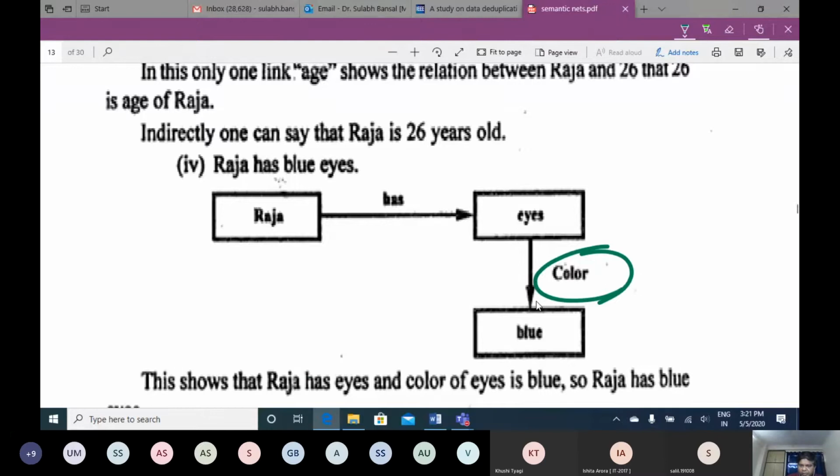Okay, so all these things in semantic networks are not bound to be something, they are freehand, and that is left to the user: how they name all these things, how they identify the nodes, what particular things they identify as nodes, what particular things they identify as the label on the links which are made between nodes. So everything is kept open in semantic networks, and that is why it is called a weak filler structure.